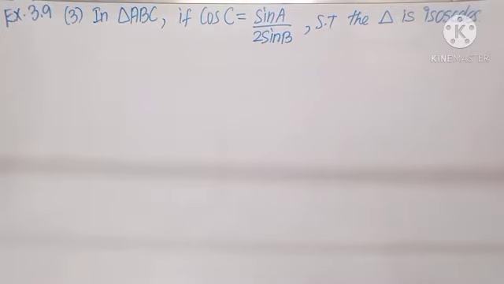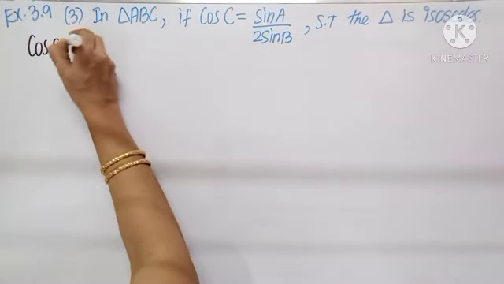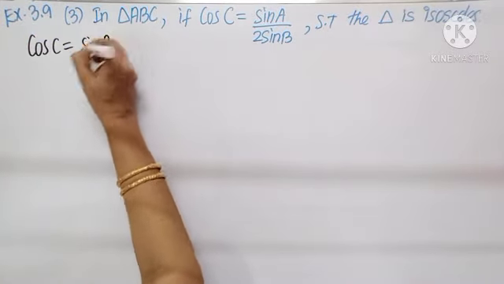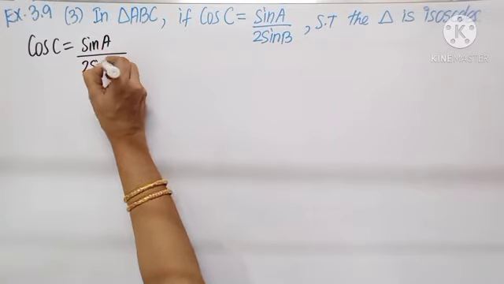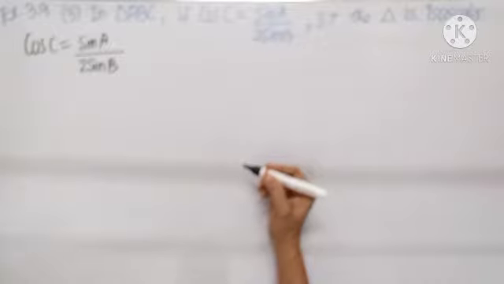Now, based on the cosine formula, let us do some exercise problems. Exercise 3.9, question number 3. In triangle ABC, if cos C equals sin A by 2 sin B, prove that the triangle is isosceles. Let us remember what the cos C formula is. It is a square plus b square minus c square by 2ab.